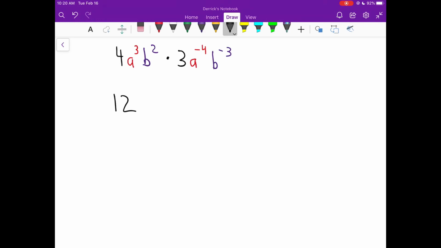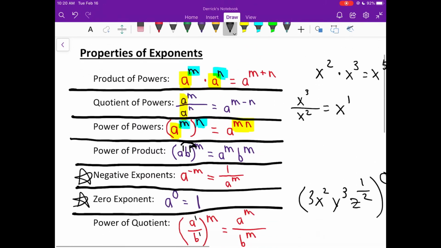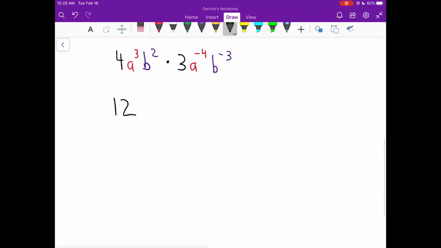So then, let's take a look at our a terms. I have an a to the third times an a to the negative fourth. If we think about our exponent properties, that is taking two terms with like bases and multiplying them together. So thinking about our very first property, product of powers, we've learned that we are supposed to add the exponents when we are multiplying like bases.